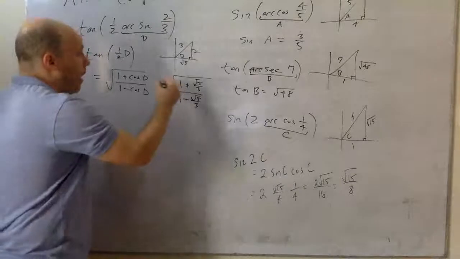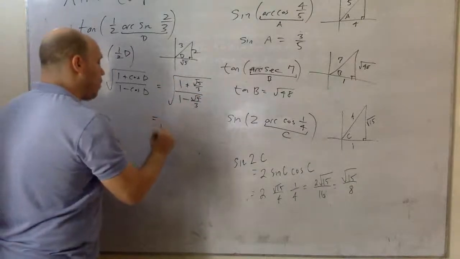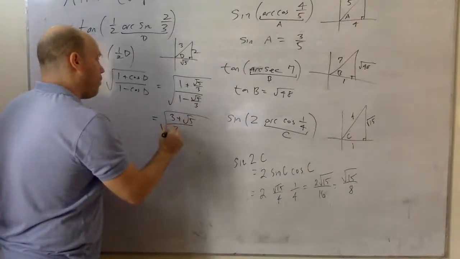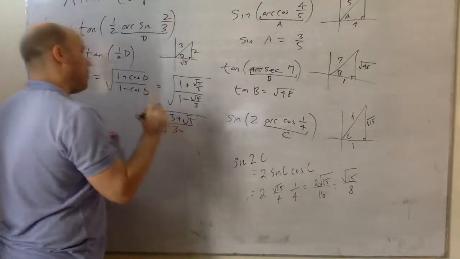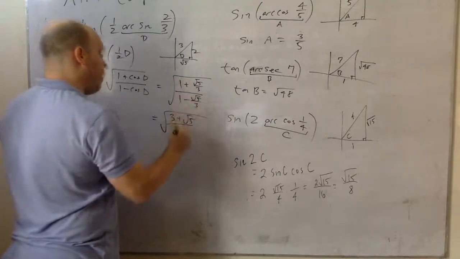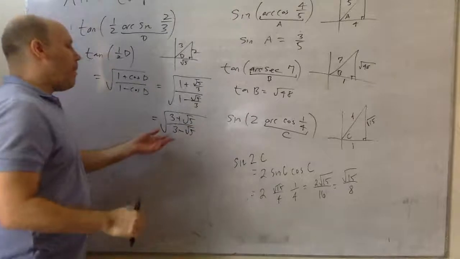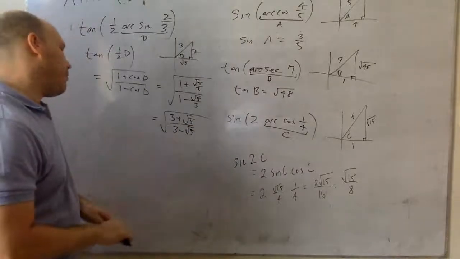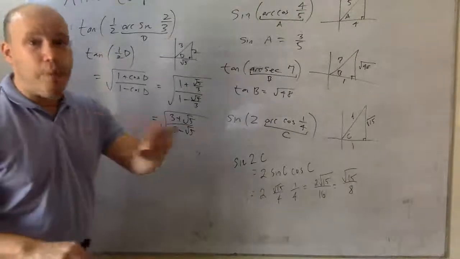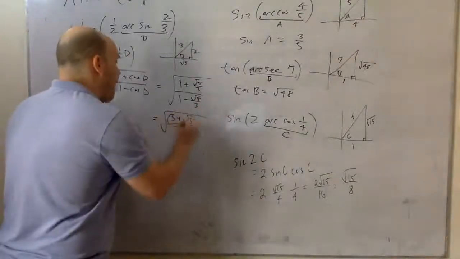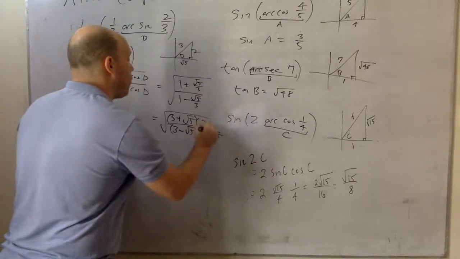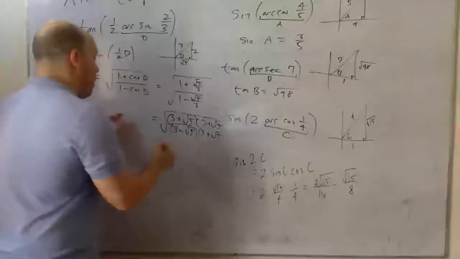If you need to know, you first of all multiply everything by 3. So you get the square root of (3 plus radical 5) over (3 minus radical 5). Maybe you learned this last year, and you can skip over this if you want. You rationalize the denominator, so it's 3 plus radical 5 over 3 plus radical 5.